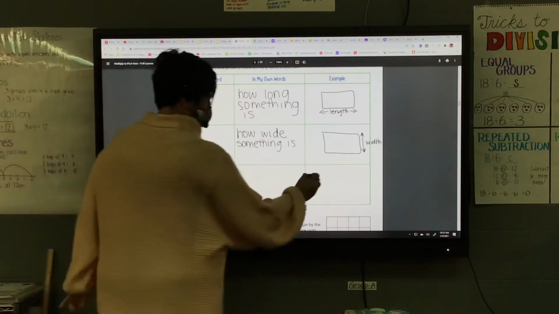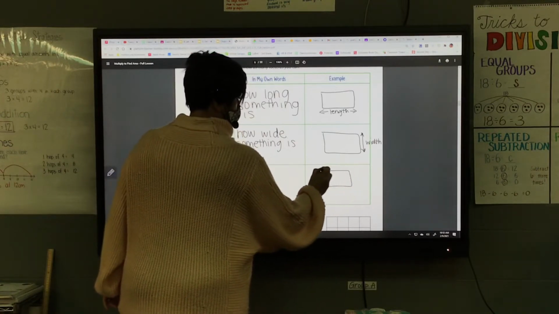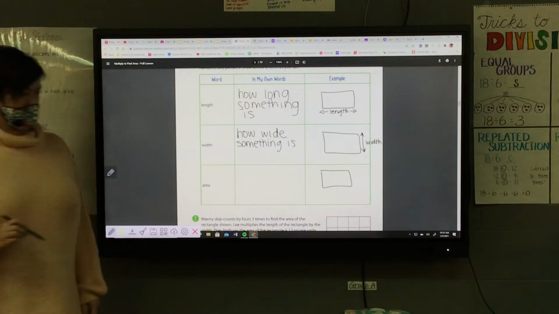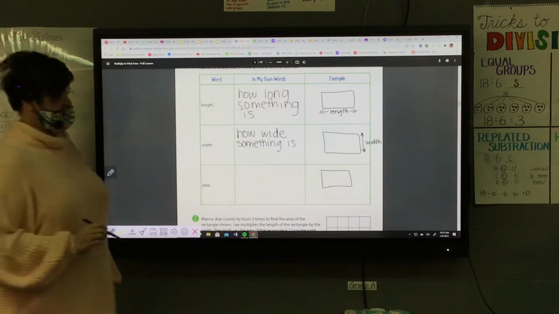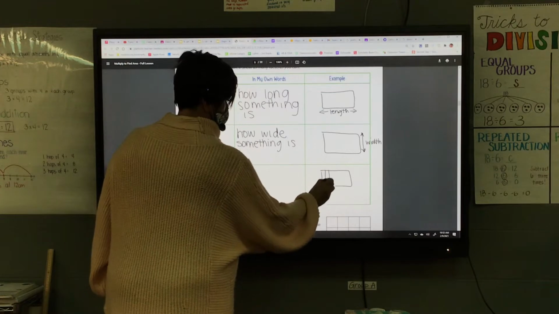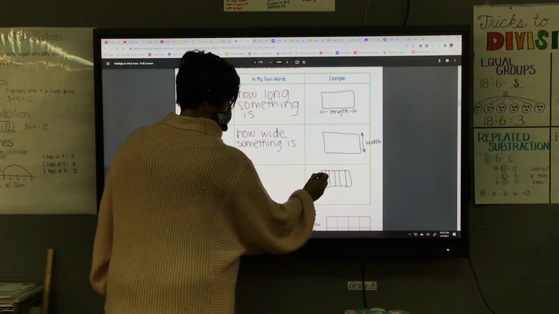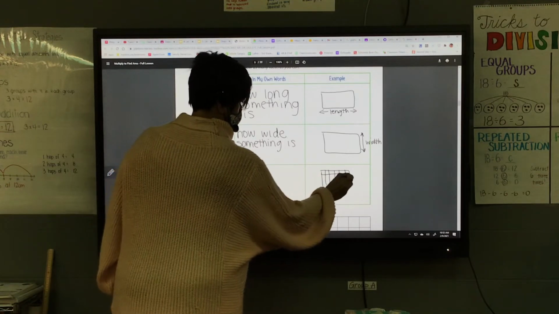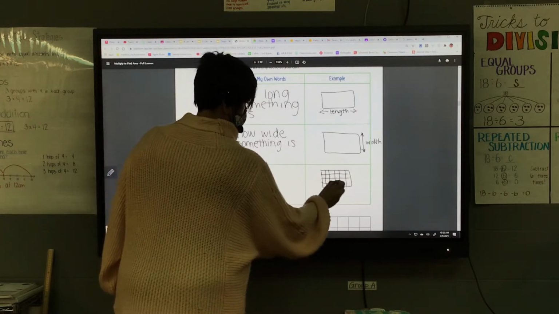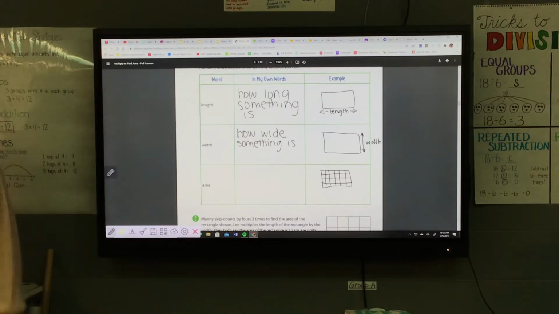Let's just go ahead and draw another rectangle. And in this rectangle, pretend like those are perfect square units inside there.